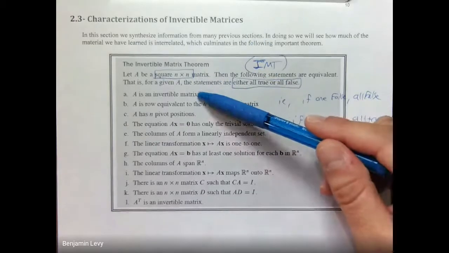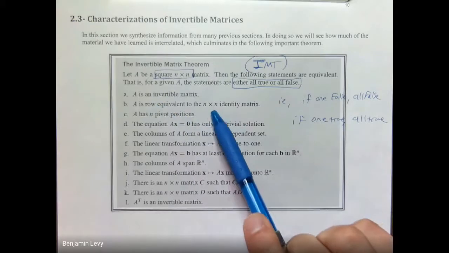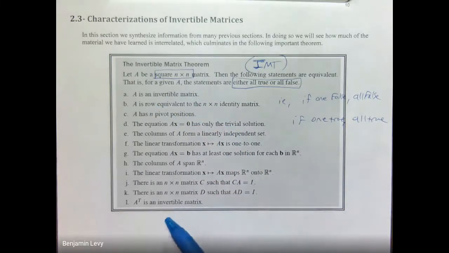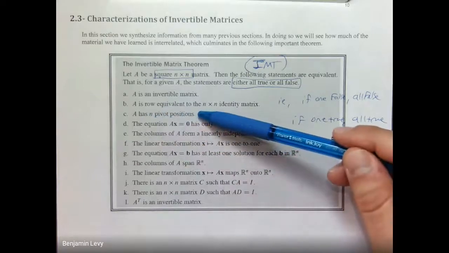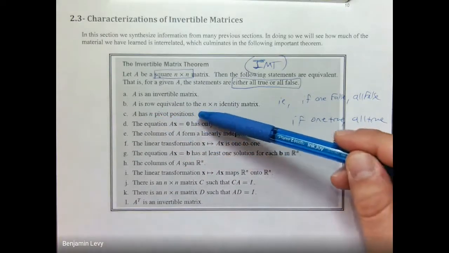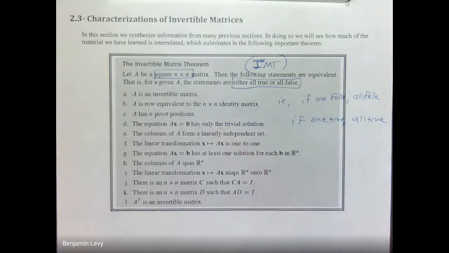So A being invertible is equivalent to it row reducing to the n by n identity matrix. That's just the definition of being invertible, right? It also means that there's a pivot in every row, because there's n pivots. Well, that means there's n pivots because there's one in every row. And that leads to the onto part, G. There must be a solution for every b in Rn.